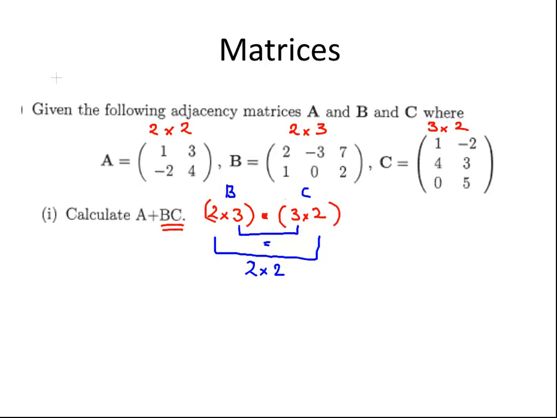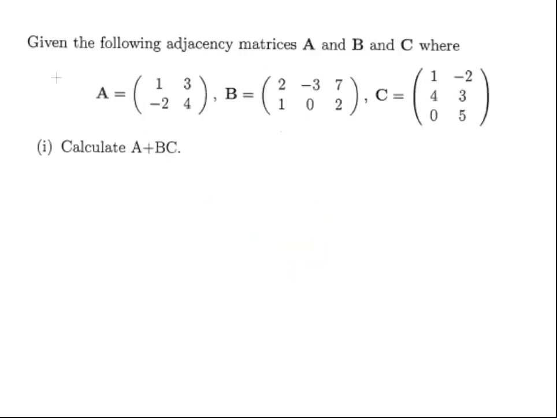So let's go to a new page here. So B times C. What I'm going to do here is concentrate on B times C first. I'm going to write out 2 and leave this blank, minus 3 with a blank space there, plus 7.